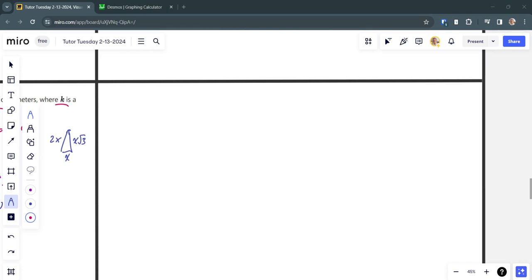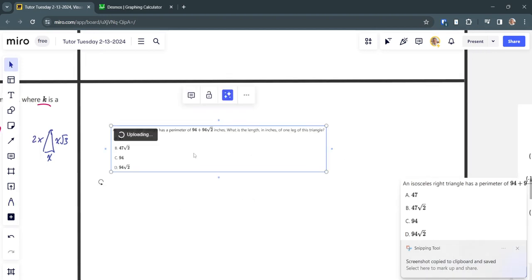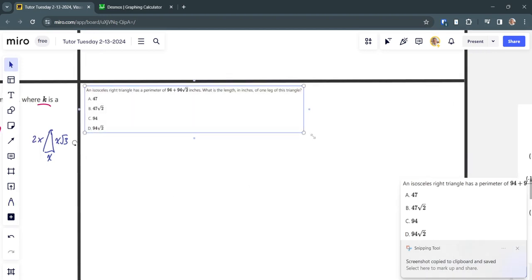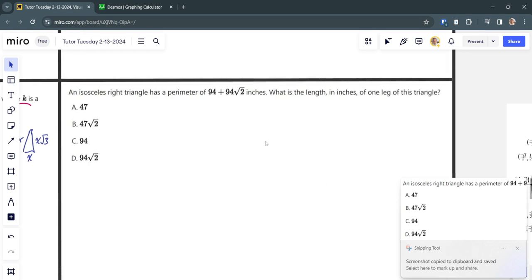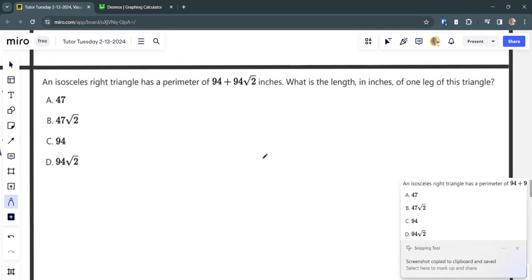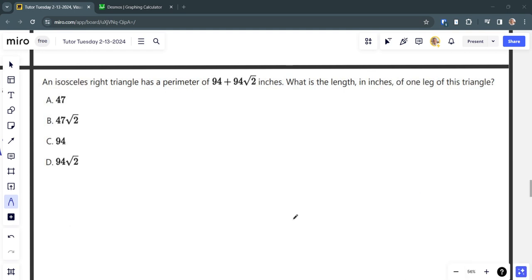Continue with our right triangle trigonometry. So this problem says we have an isosceles right triangle, and the perimeter is 94 plus 94 root 2 inches. What's the length in inches of one leg of this triangle? So isosceles right triangle means that we have a right angle somewhere, and that the other two sides have to be equal.